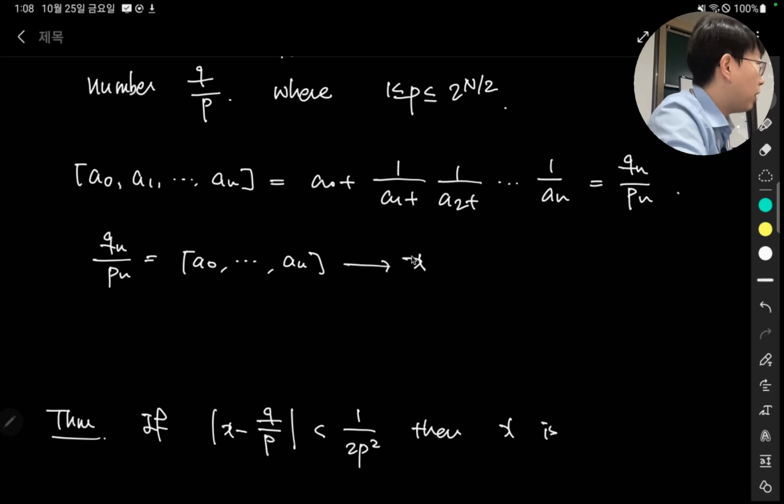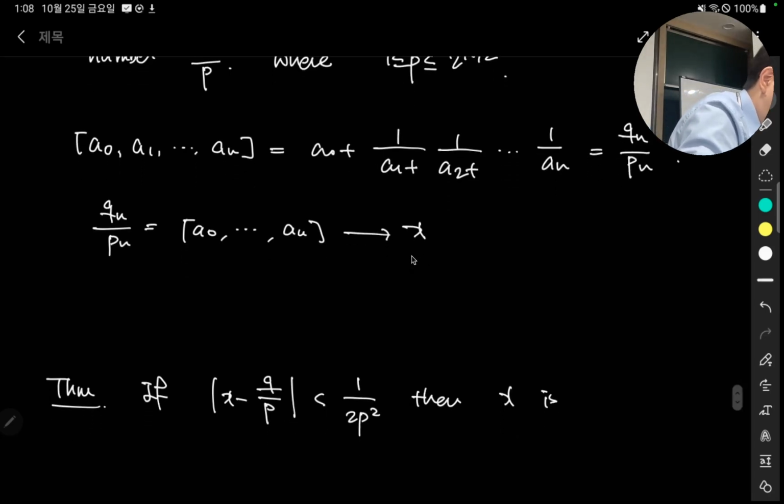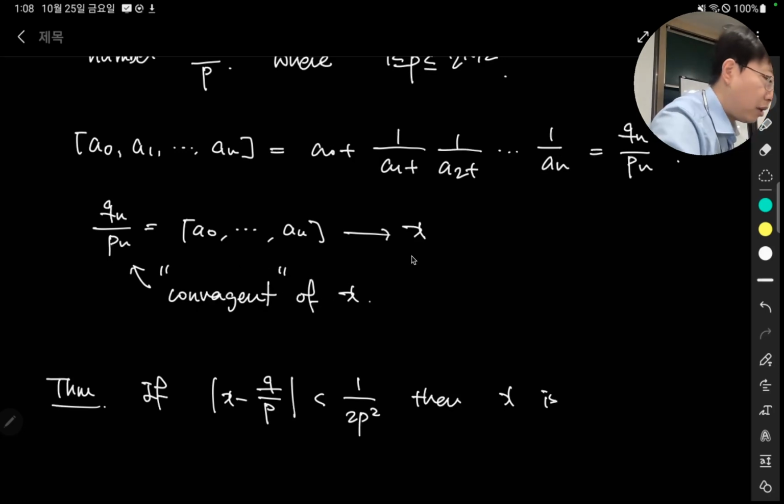This x could be a rational number or an irrational number, it doesn't matter in principle. Then each of these numbers is called a convergent of x. So that's what I wanted to introduce before I state the theorem.